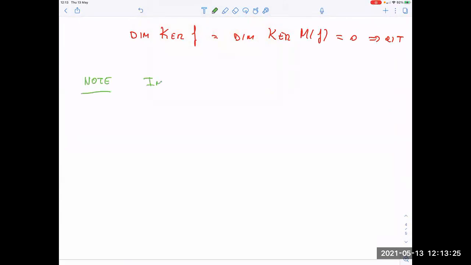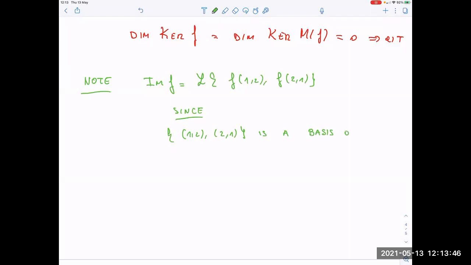The image of F is the linear span of F of (1, 2) and F of (2, 1), since (1, 2) and (2, 1) is a basis of R2.